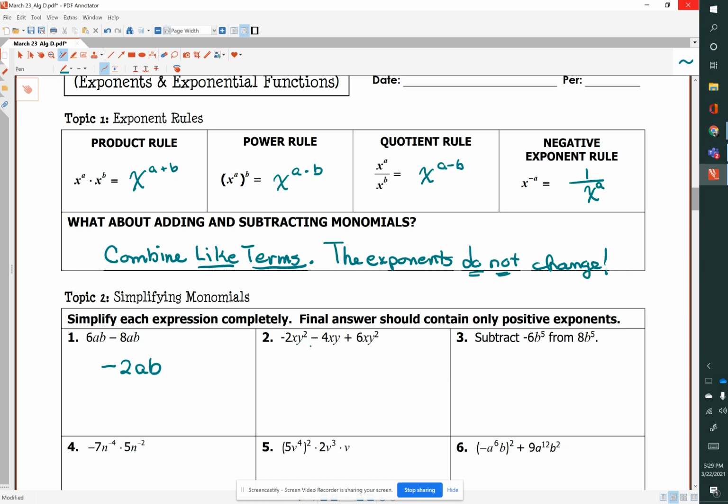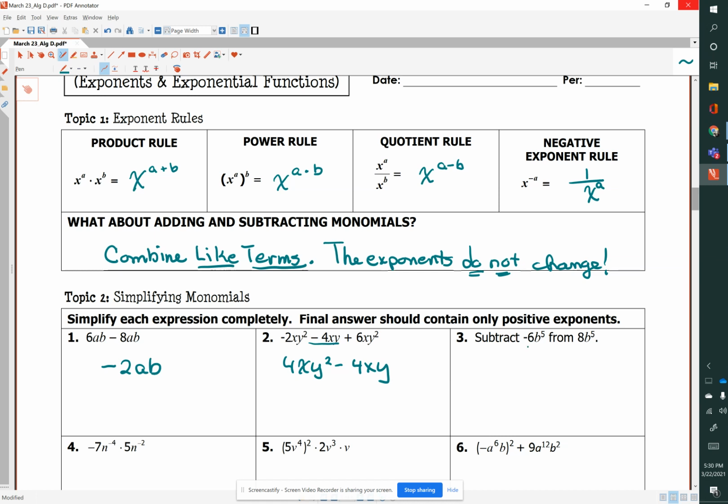Negative 2xy squared minus 4xy plus 6xy squared. The 4xy will not combine. Negative 2 plus 6 is 4xy squared minus 4xy.